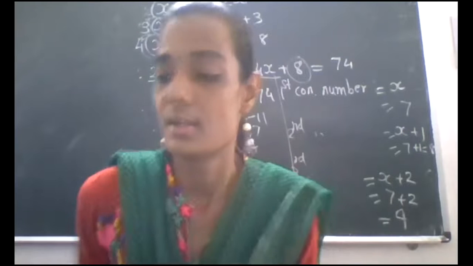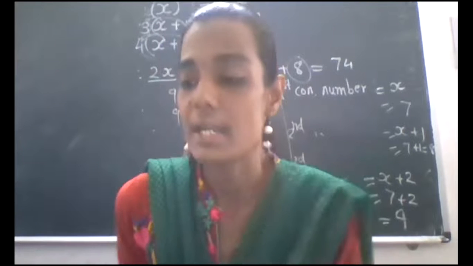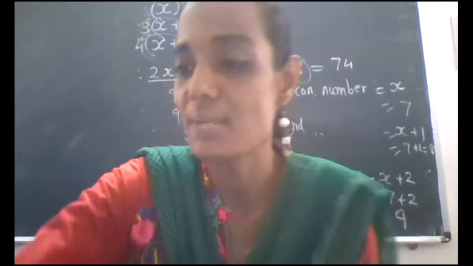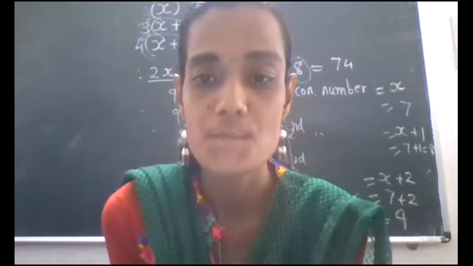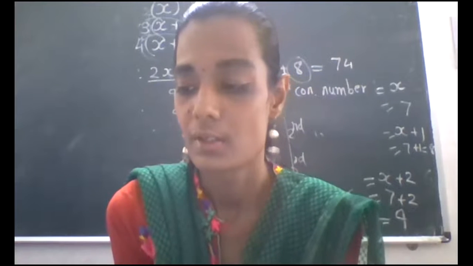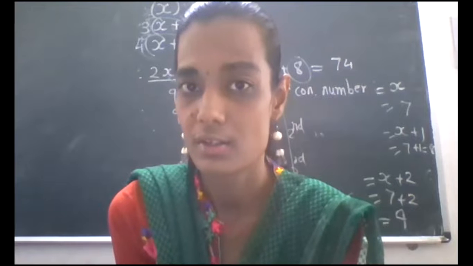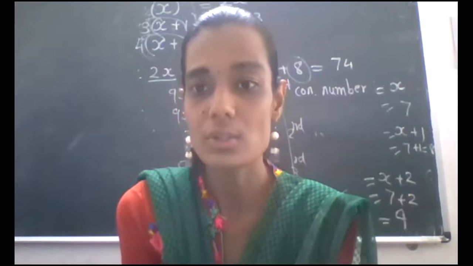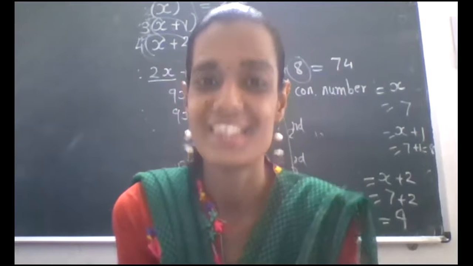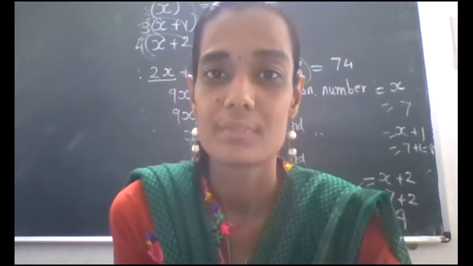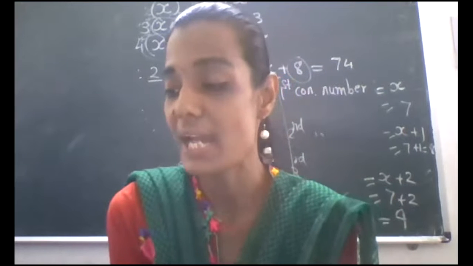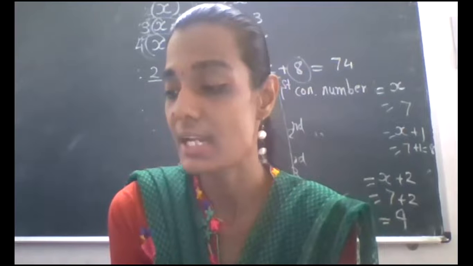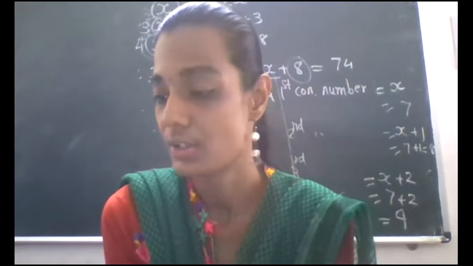Just repeat the names of these two persons. Rahul and Harun. So assume their present ages.